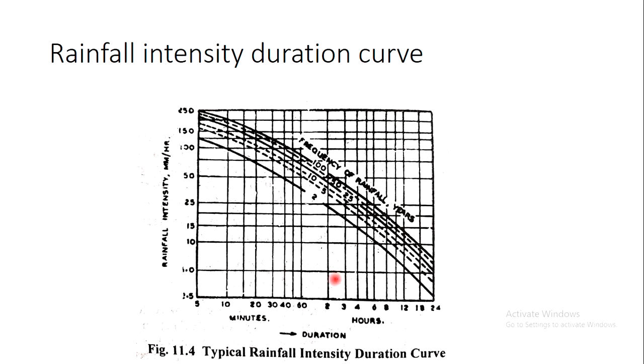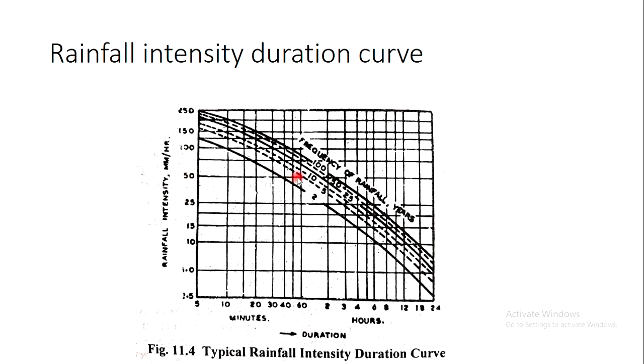Once we know the value of duration or time of concentration, and once we know the frequency of occurrence of rainfall, we will easily come to know the intensity of rainfall.